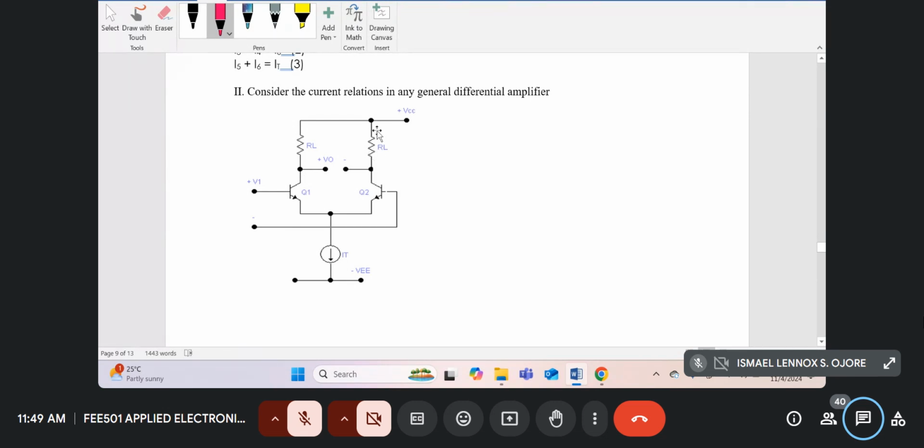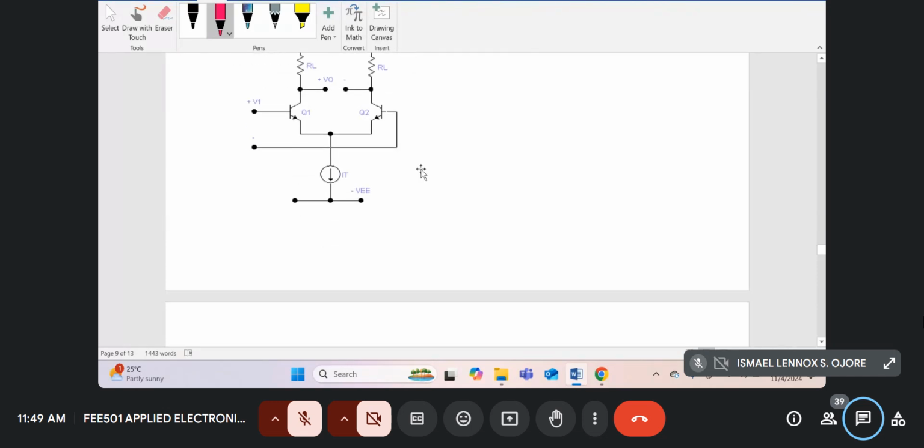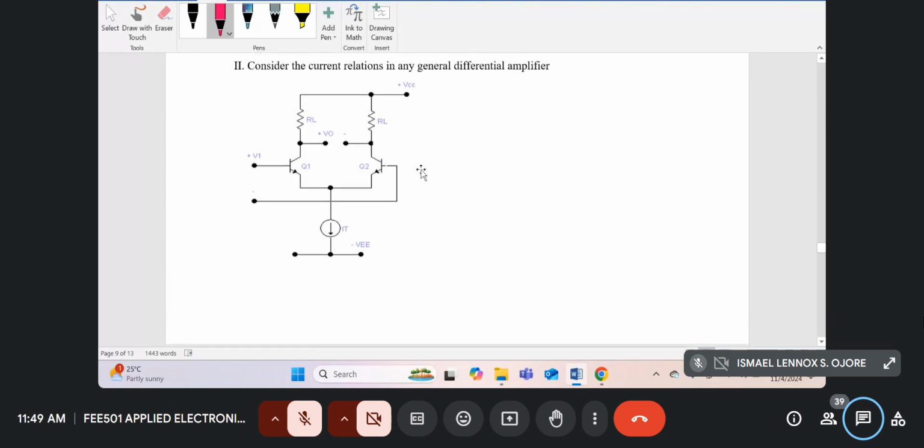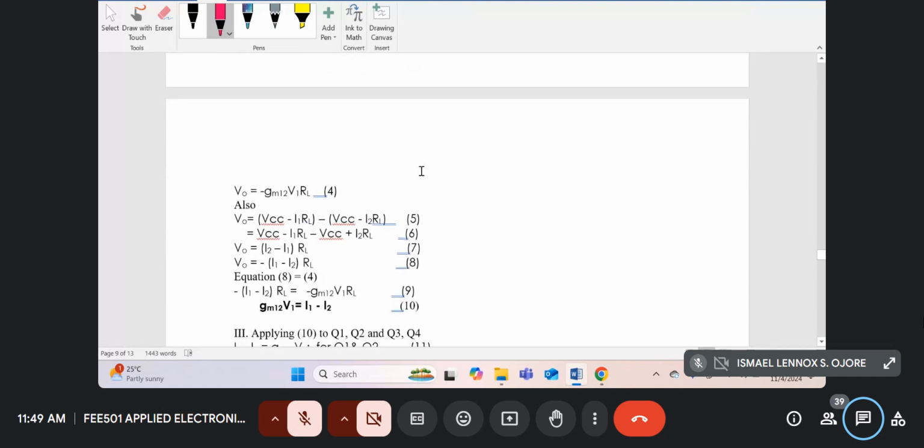So we can write V0 as follows. VCC minus I1 RL, that is the potential at the collector of the first transistor, minus VCC minus I2 RL, that's the drop across the second transistor.